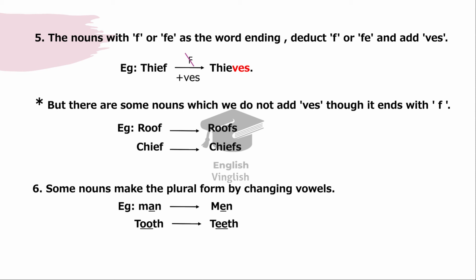Tooth, teeth. We have removed double O and added double E to make the plural form of tooth. Mouse, mice. Foot, feet. Woman, women, etc.